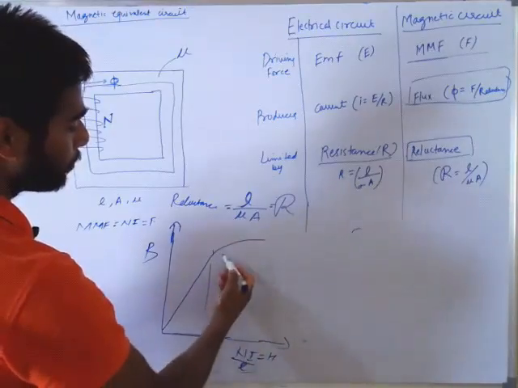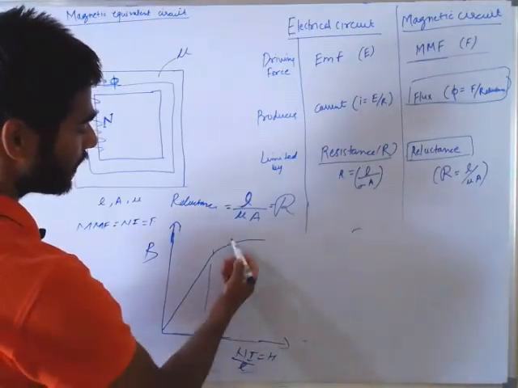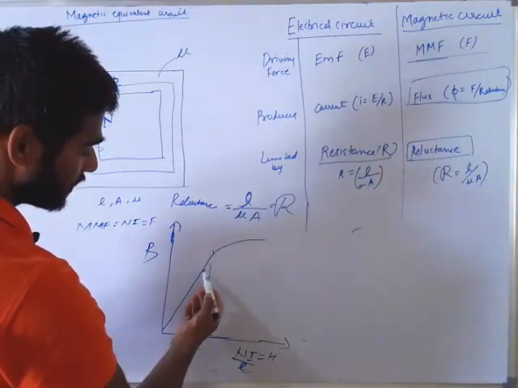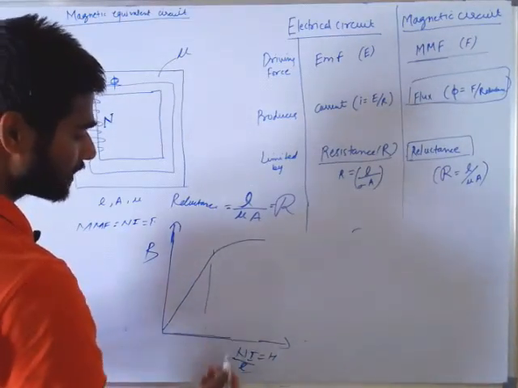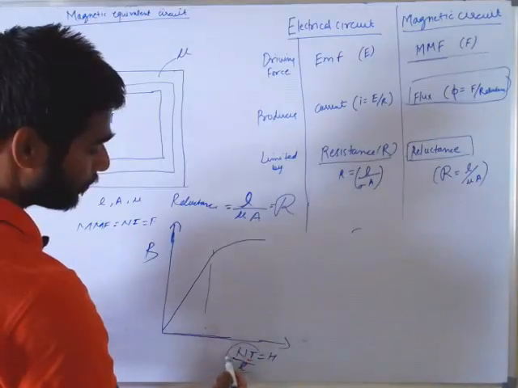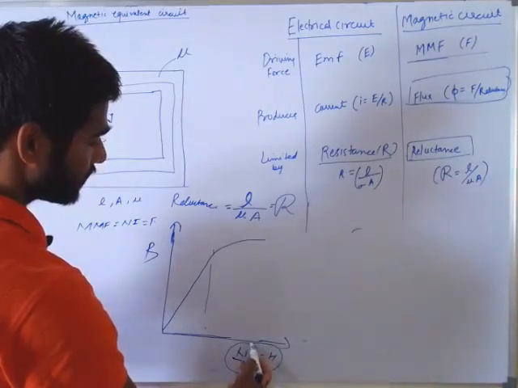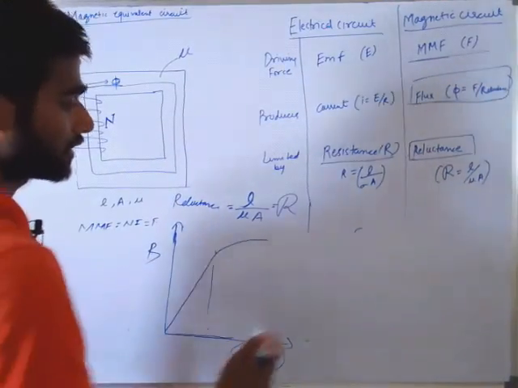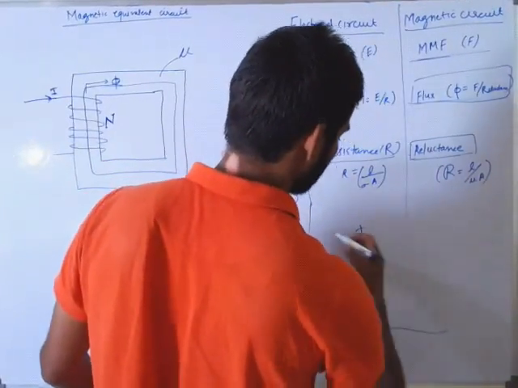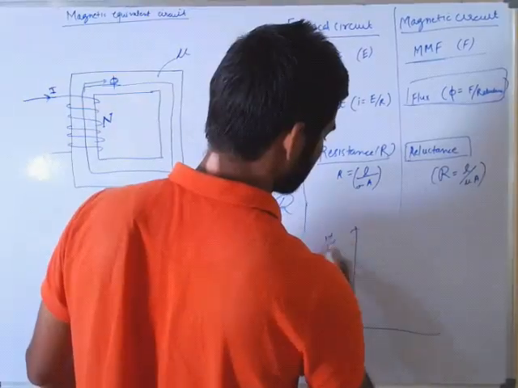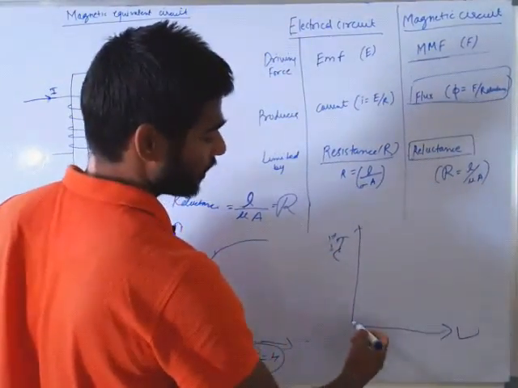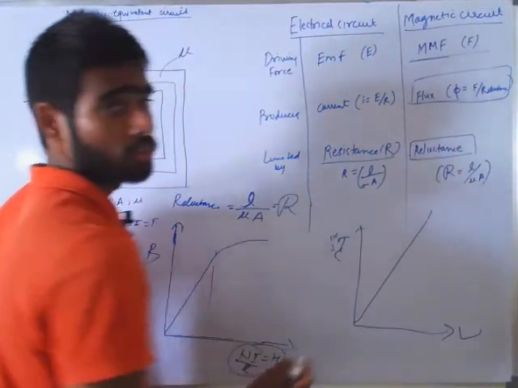In this region the flux density is not increasing as it was in the earlier region. So we can say that the reluctance is changing; it is not constant, as we see in electrical circuits. There, with V and I, if we go on increasing V, the current will go on increasing.